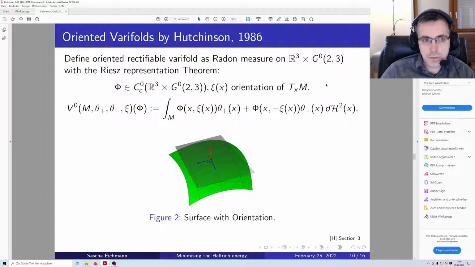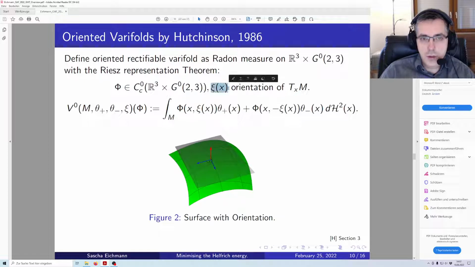So, if we want to use Riesz's representation theorem, we will have to use an arbitrary test function phi, which is continuous with compact support on R^3 times the oriented Grassmannian.